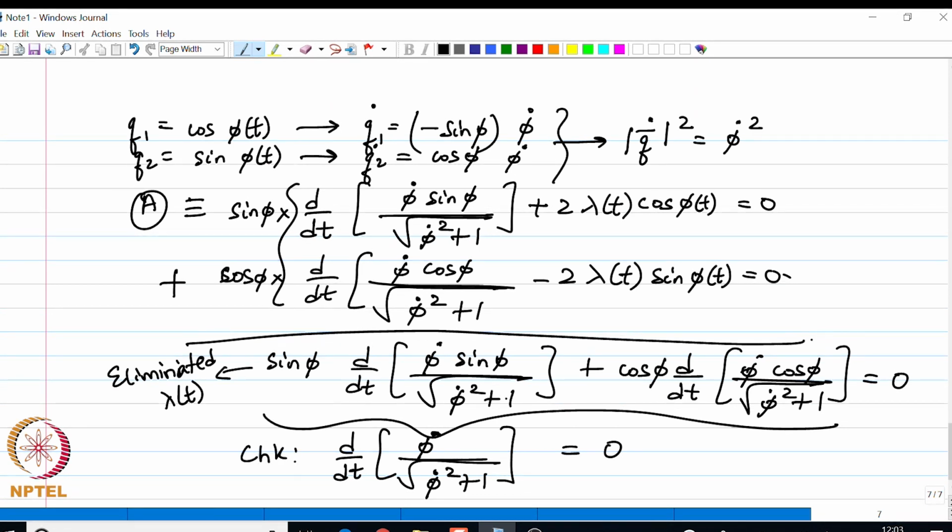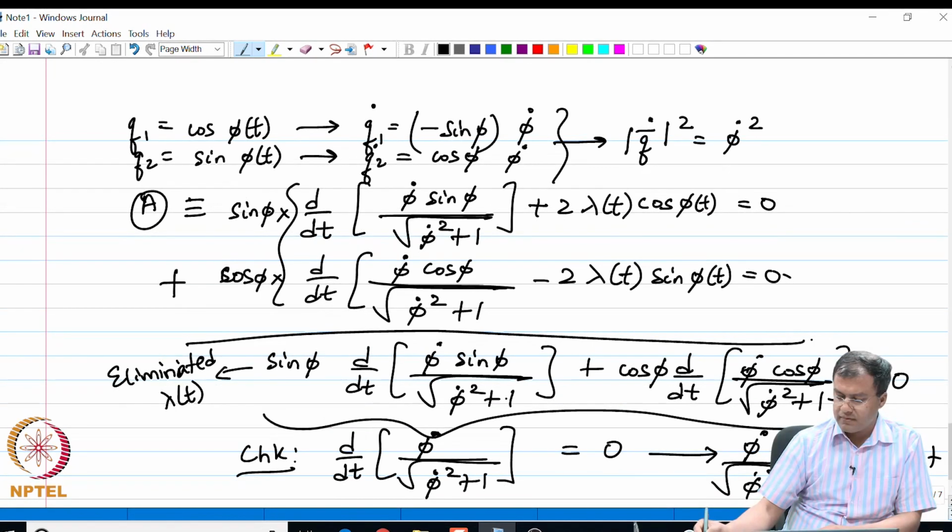So, this needs to be checked that this is indeed true, right, and which means from here I can directly integrate this relation once to come to the point that phi dot divided by phi dot square plus 1 is equal to a constant, okay. Or in other words, I see that phi dot is also a constant. If this expression is a constant, then phi dot will be another constant.